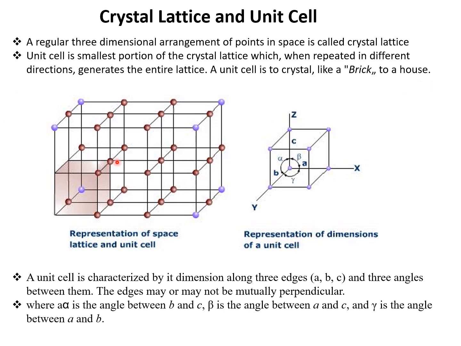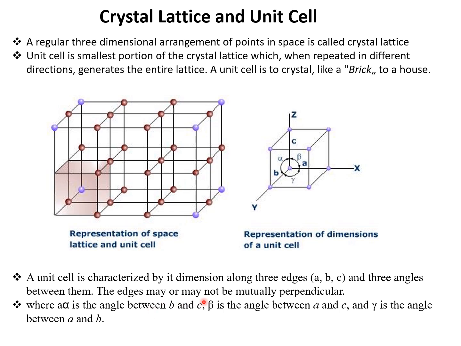On the left side you can see the representation of space lattice and unit cell. On the right side, the representation of dimensions of a simple unit cell. So this is the fundamental building block. A unit cell is characterized by dimensions along three edges A, B and C and the three angles between them. The angles are mentioned here: alpha, beta and gamma.